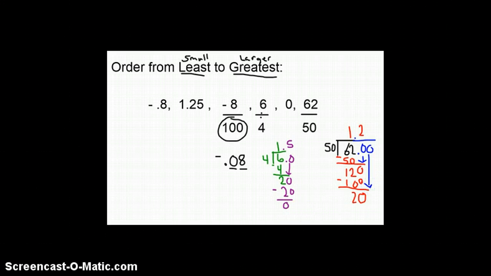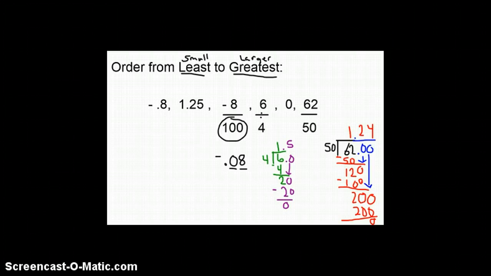When we bring down another 0, we have 200. We notice that 50 goes into 200 4 times. 4 times 50 is 200. And when we subtract, we have 0 left over, so we don't have to bring down any numbers. And 62 over 50 is 1.24.